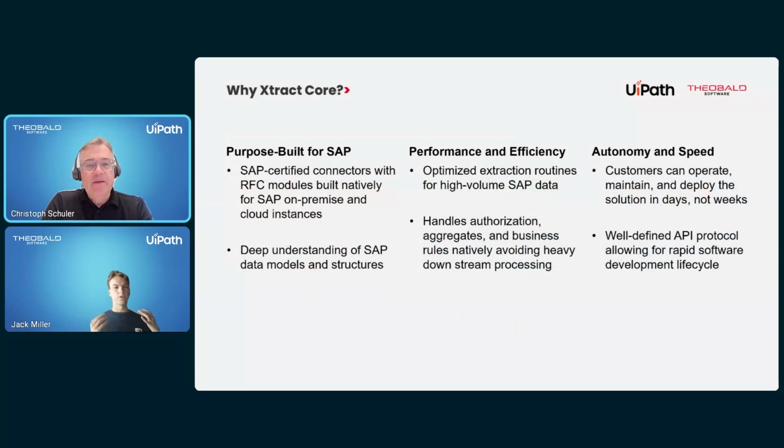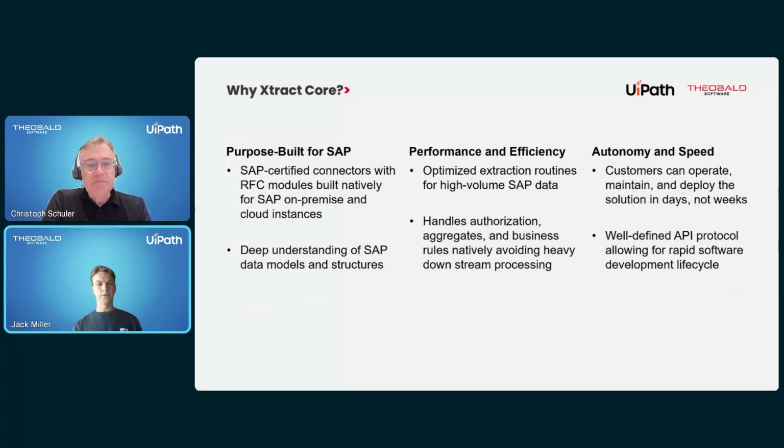Okay, next I'll touch on why, from the process mining perspective, we chose Xtract Core. The first is it being purpose-built for SAP. The SAP-certified connectors with the RFC modules that are built out natively give us confidence in the RFC module that's installed on the SAP system. Xtract Core had a deep understanding of the SAP models and structures.